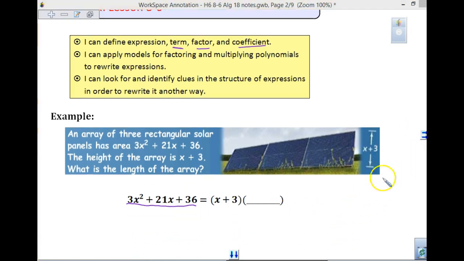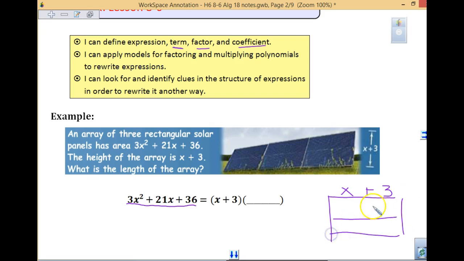So I want you to think of that box method that we were doing before. What we know is that this is kind of like our x plus 3, right? And we're trying to figure out, in order to add these together, this first one has to be 3x squared. So what do I have to take times x? I have to take it times 3x, right?